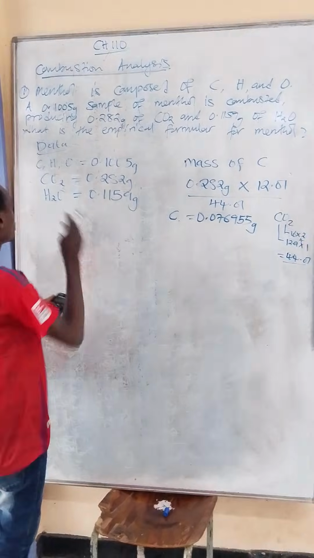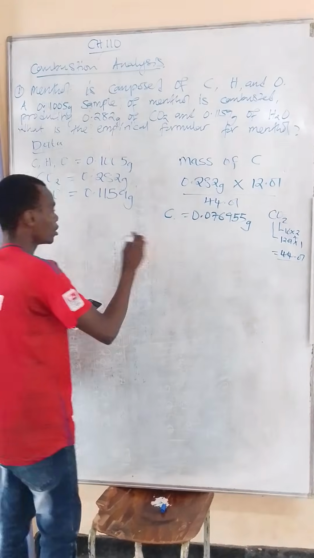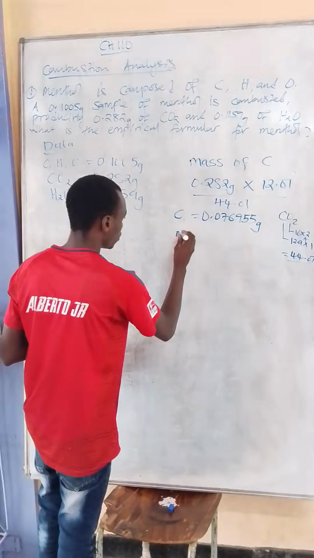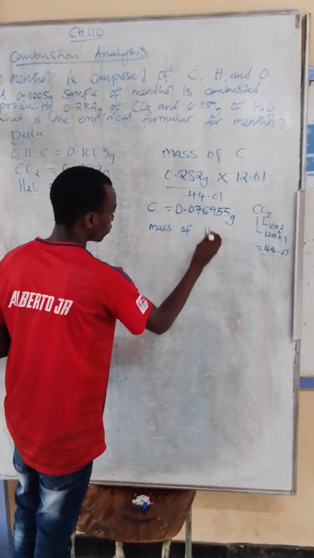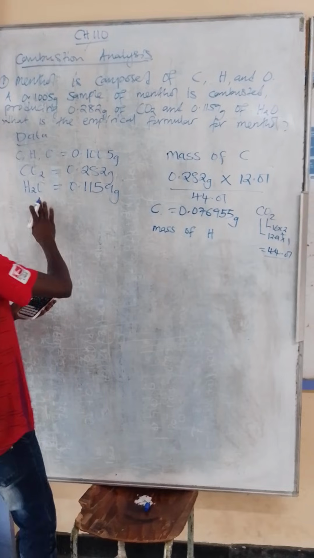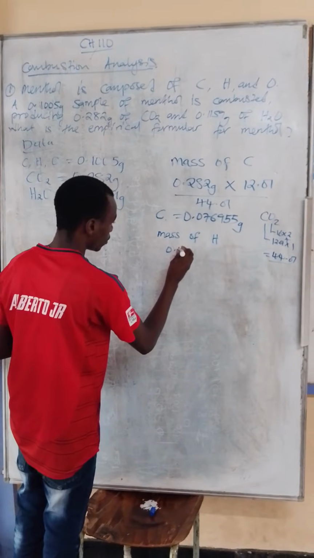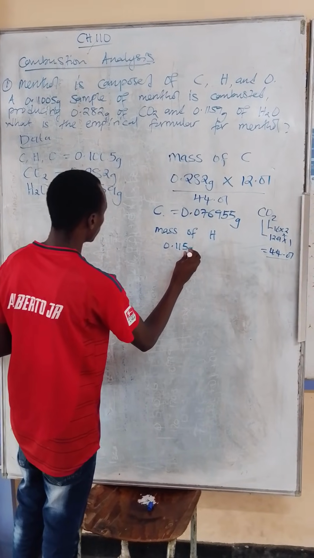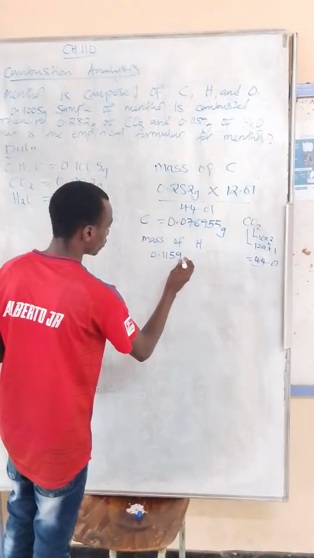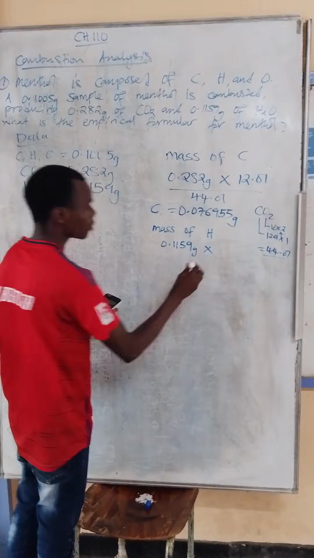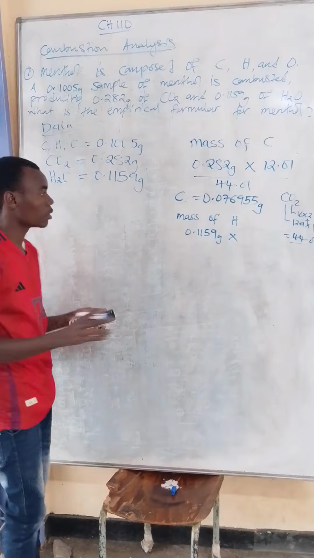So we have the sample for water, and the mass of hydrogen, we have 2 hydrogens, so we are going to carry even the 2.